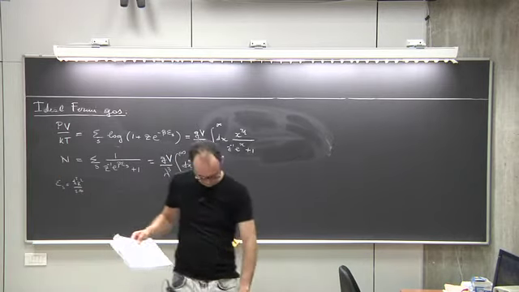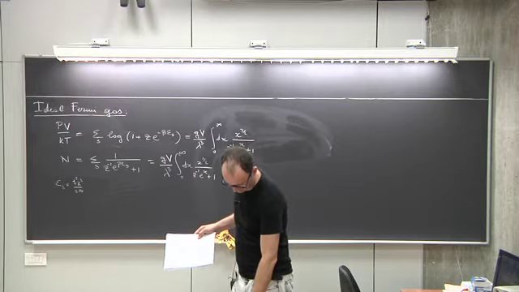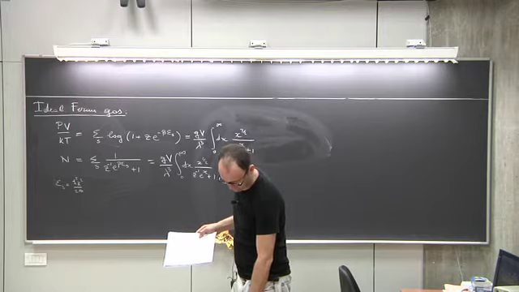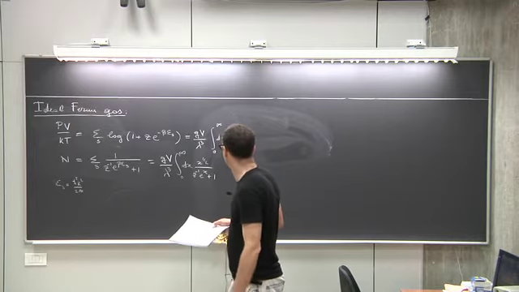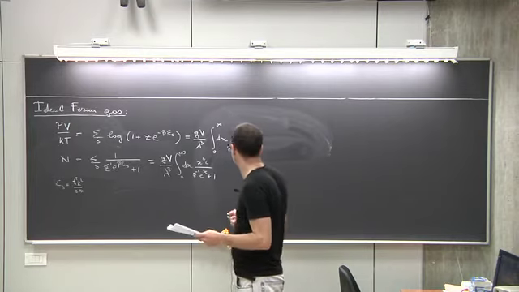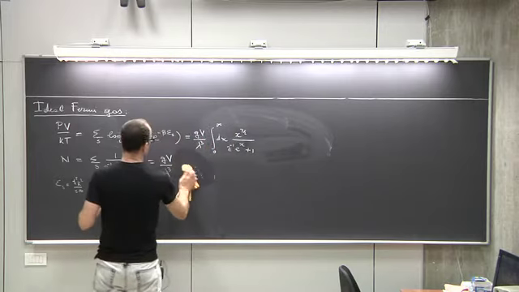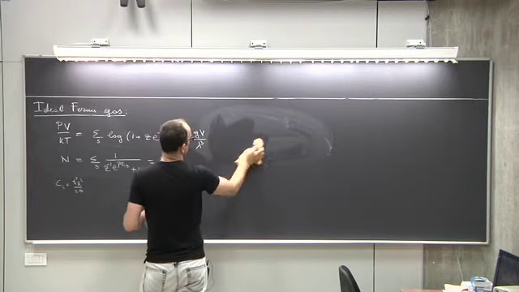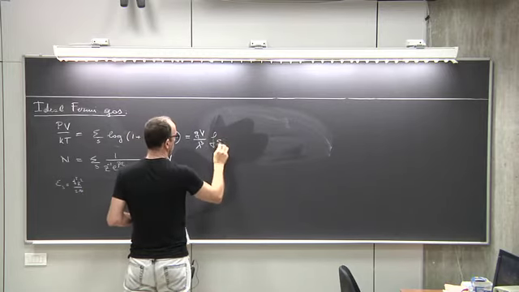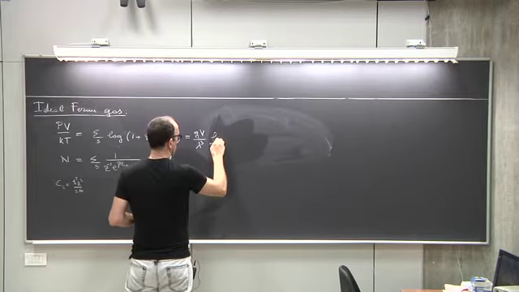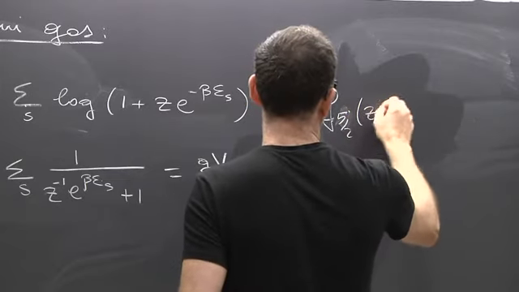Yes, no, in general you write this as, so let me write it as in the book. So this is function f 5 over 2 of z.